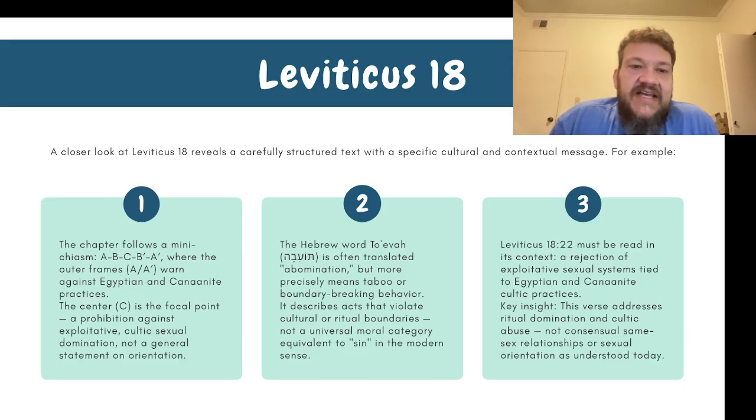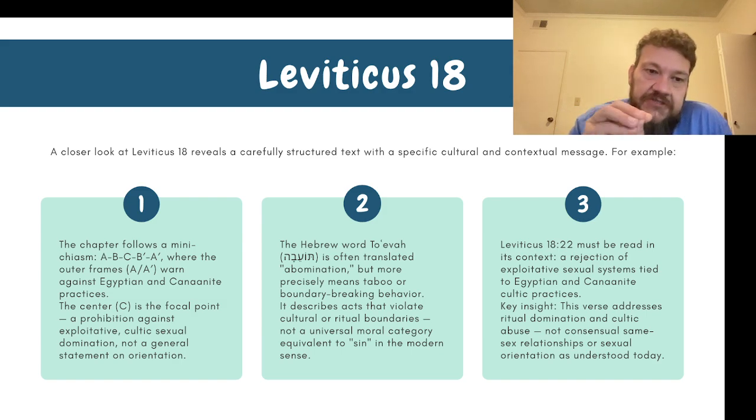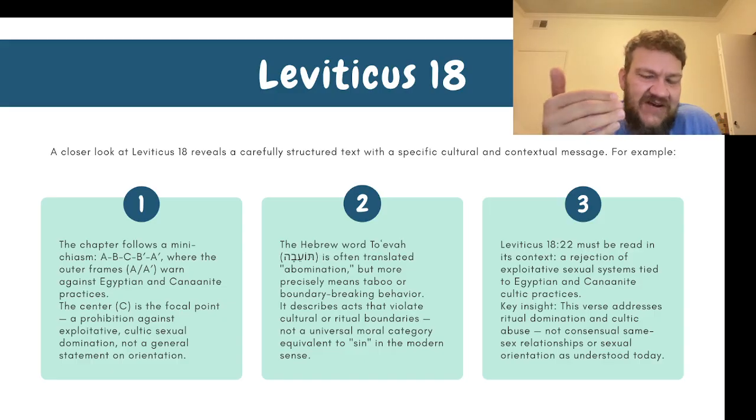Not once is toeva used in a moral category. It is strictly a boundary breaking specific to the culture. So when Leviticus calls something toeva, we must ask, is this out of bounds? In what sense? Is it ritually out of bounds? Culturally out of bounds? Or ethically out of bounds?